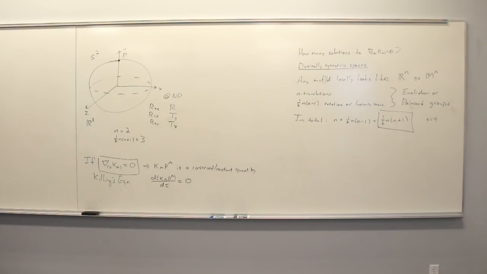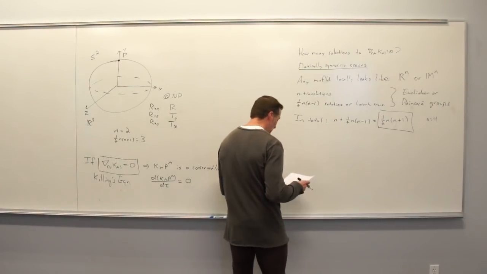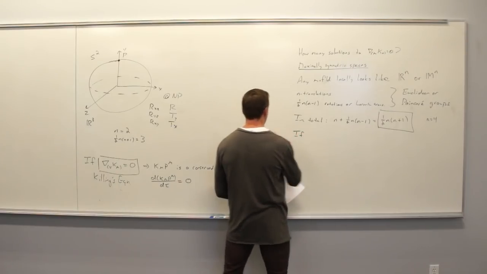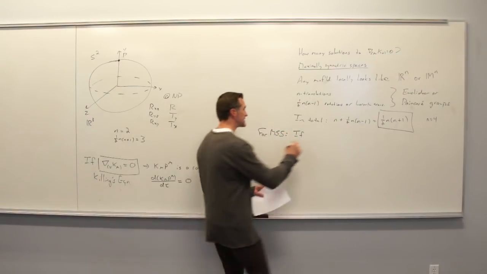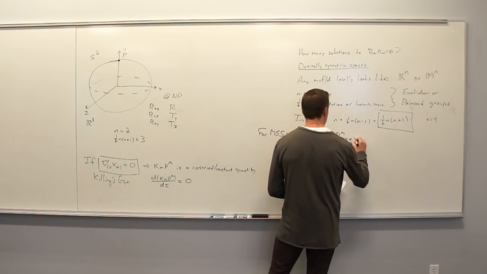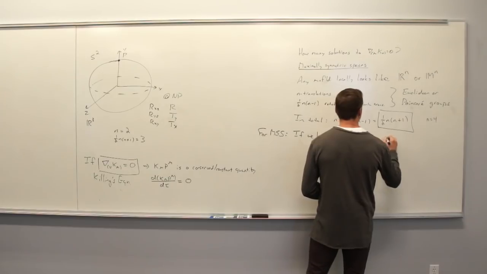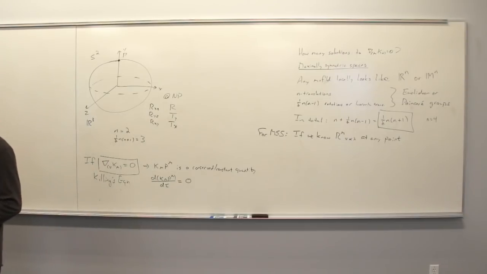Now, maximally symmetric spaces are incredibly important for a variety of reasons. One of the reasons why maximally symmetric spaces are important is that for maximally symmetric spaces, if we know the Riemann curvature tensor at any point, it has to have the same value at any other point in the space.